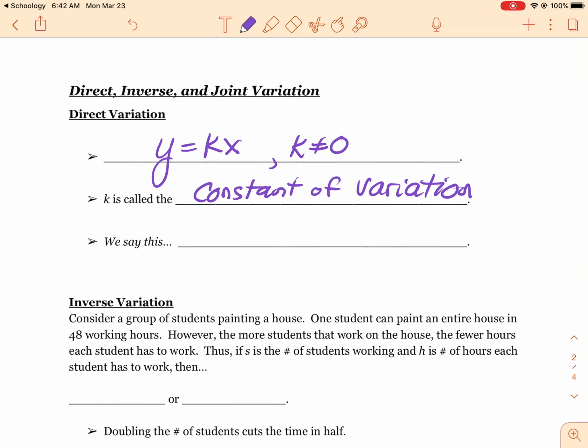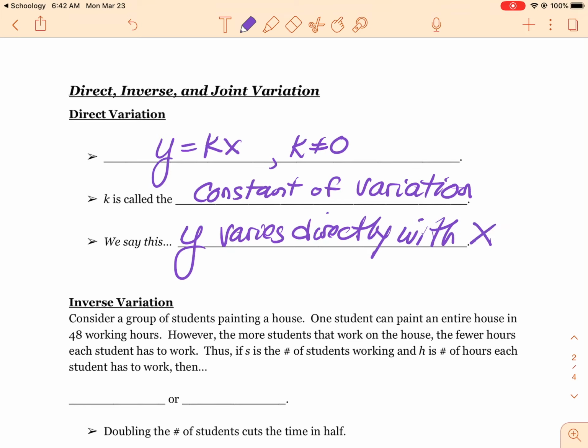And the way we read y equals kx is y varies directly with x. So y varies directly with x. That's going to come in handy as we're solving a bunch of problems.